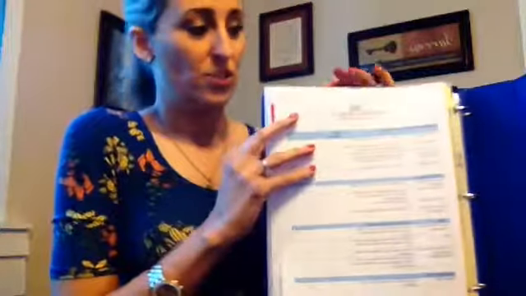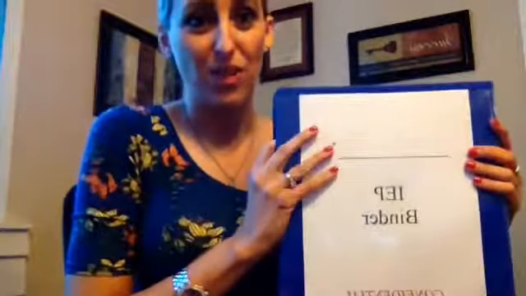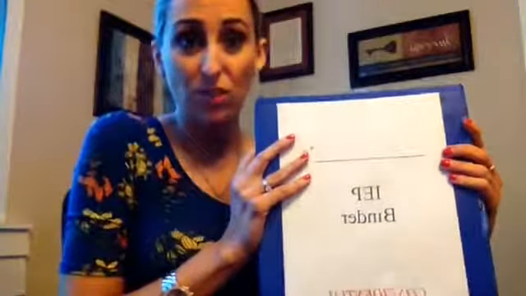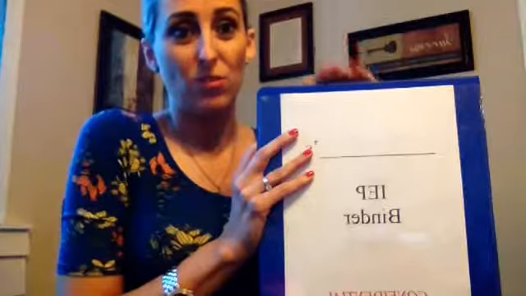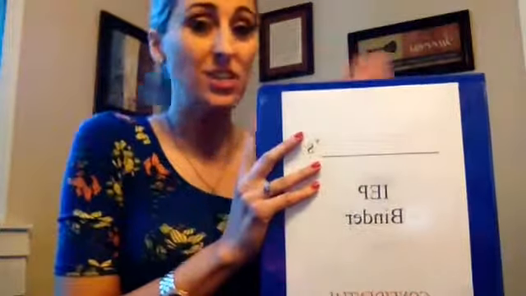So just a quick reminder, the binder is for the IEP year. So if your child is in 5th grade, everything according to that IEP and that grade would be in the binder. And so let's say he finishes 5th grade. You're going to take all of these documents out and you will find your 5th grade file folder, and you'll put it in.